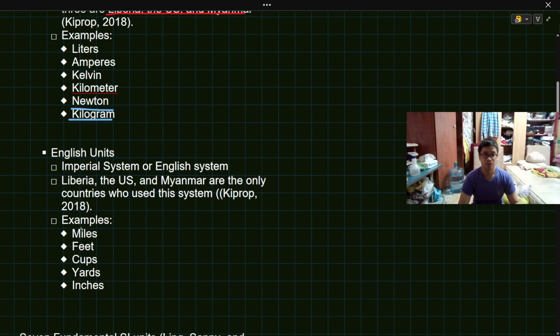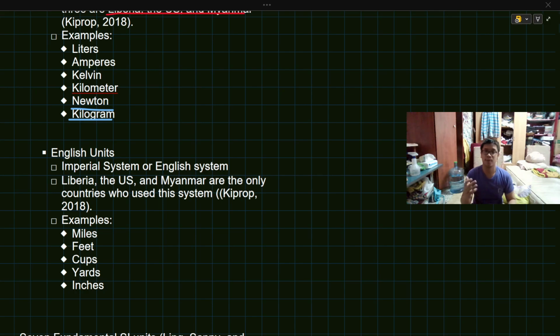If you observe, I have introduced the use of Newton, the use of kilogram, the use of Kelvin, amperes. So it implies that there are a lot of applications of mathematics, and at the same time a lot of usage of units.